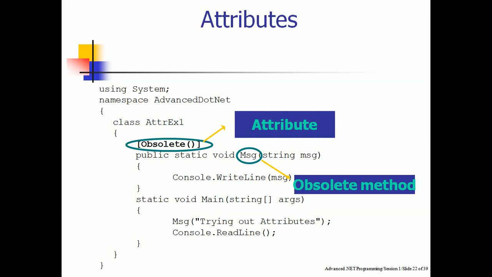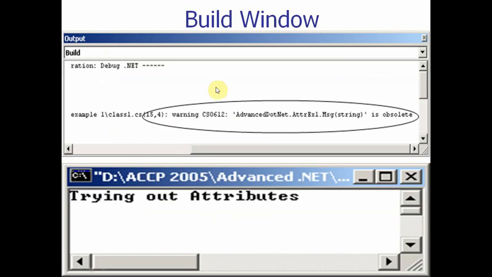This is the attribute, and this is the obsolete method. The obsolete attribute indicates that the function will be obsolete after some time. It will give a warning, but it will execute as it is in the program. The warning is displayed while we are compiling and debugging this program. You can see a snapshot when we are building this program.